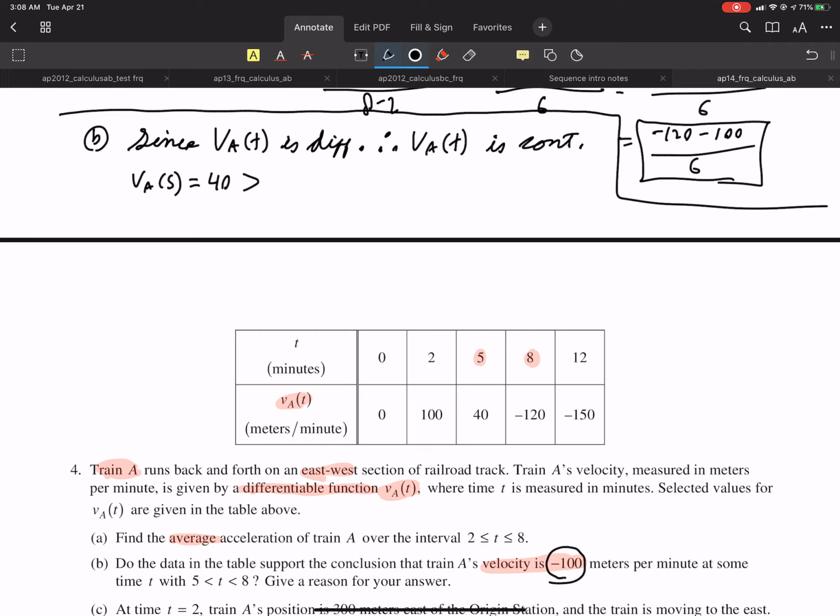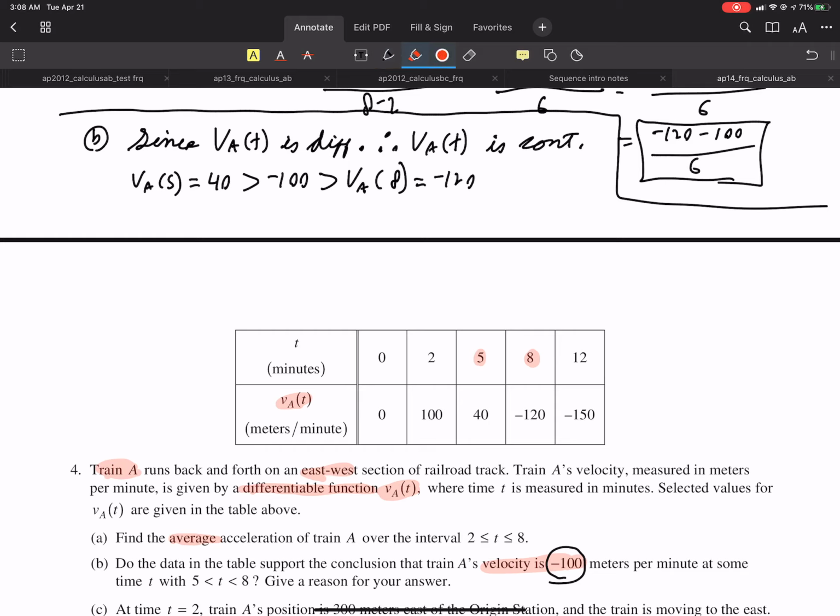That is greater than negative 100, which is greater than the velocity of train A at 8, which is negative 120.